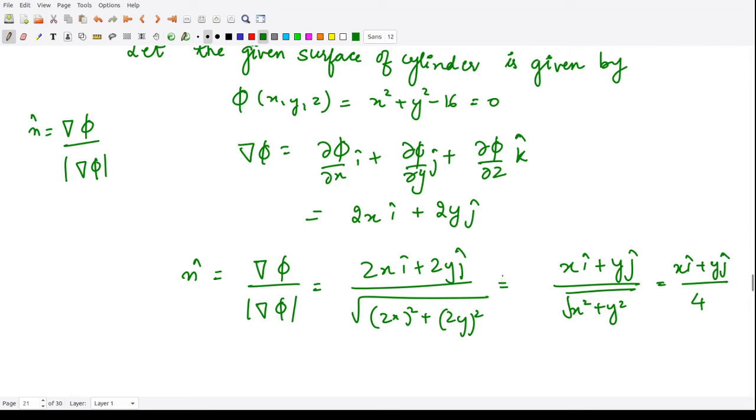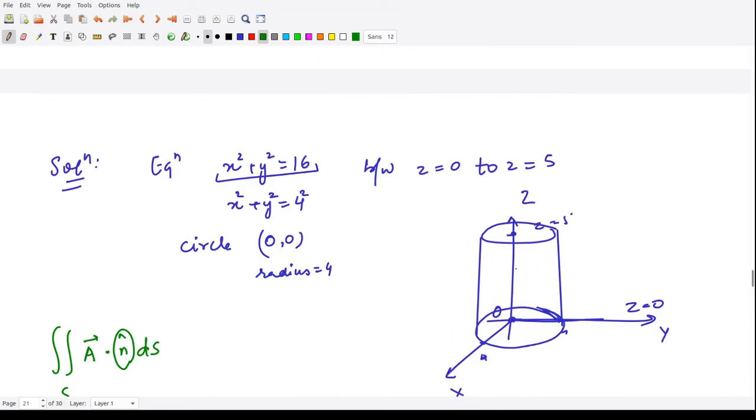Now for the projection of the given surface, we cannot take the projection onto this xy plane. Why? Because when you take the projection onto this xy plane, this whole surface is itself perpendicular to this xy plane. So instead we will take its projection over to this xz plane.